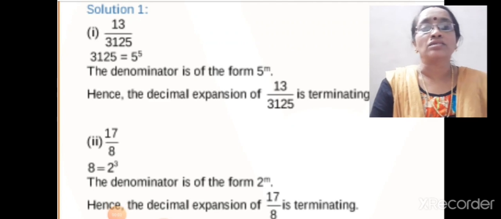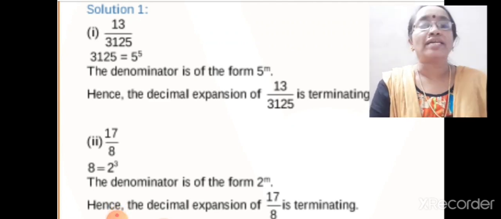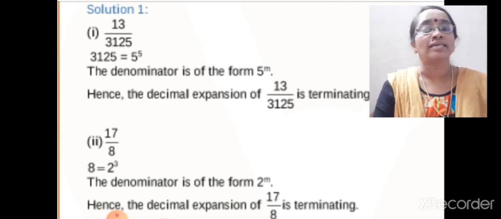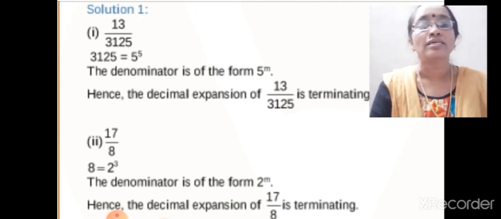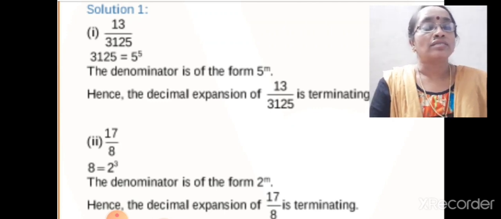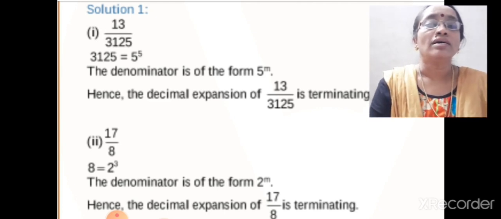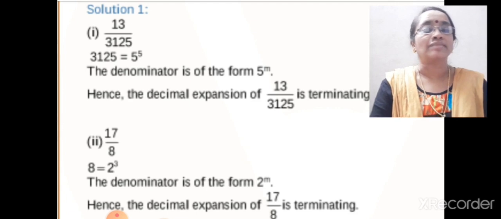Answers to the questions. In the first one, 13 by 3125, factorizing 3125 we get 5 raised to 5. Now the denominator is of the form 5 raised to m. 2 is not there, but 2's power is 0. That is possible, so the decimal expansion is terminating.